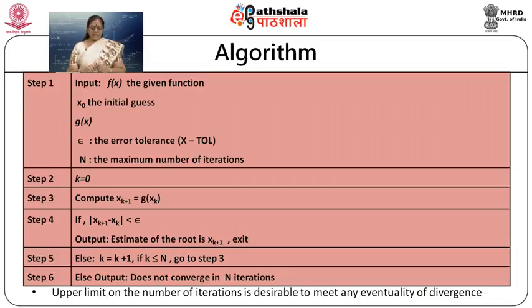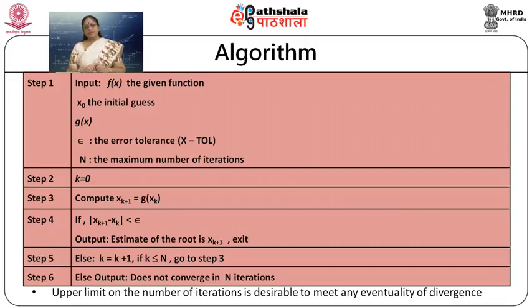Though g(x) will be chosen so that the method converges, the theorem which we have stated gives only sufficient convergence. It tells us that if the value of the derivative is less than 1, the method will converge, but this is not necessary. It does not tell us that if the derivative is not less than 1, the method will diverge; then it may converge or may diverge.